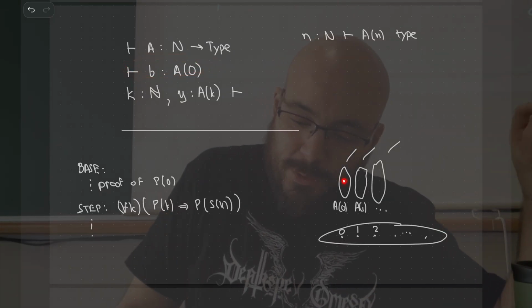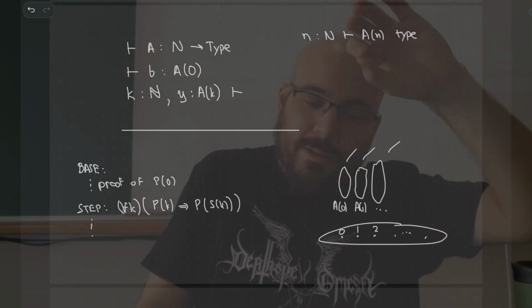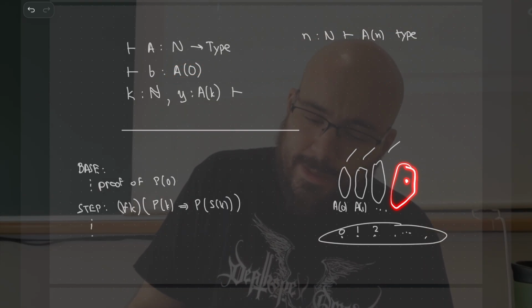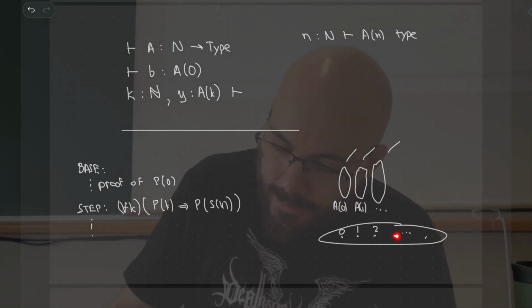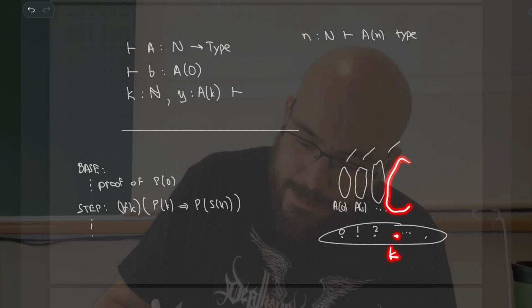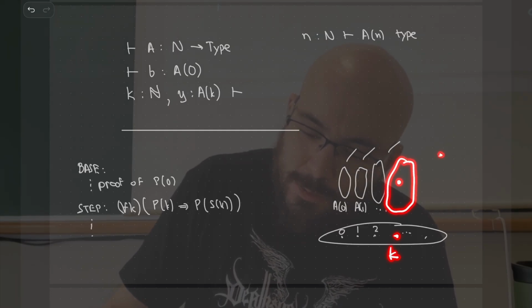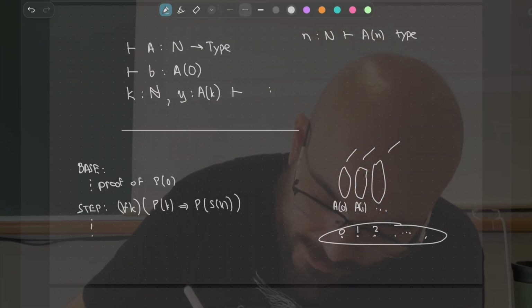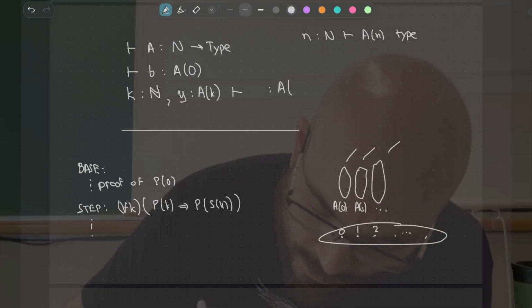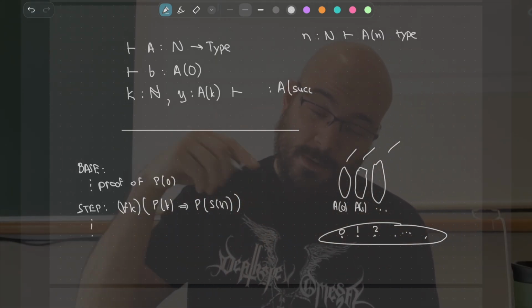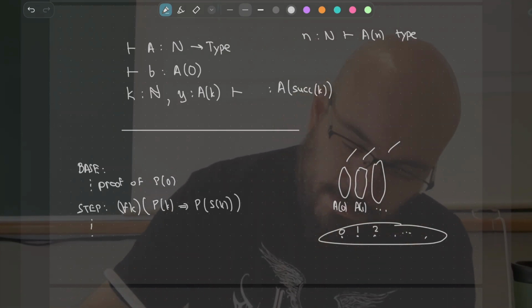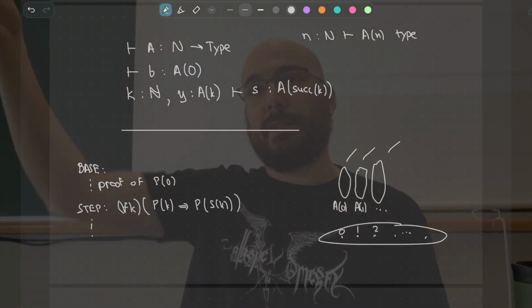Secondly, I need to singularly pick out a proof or an inhabitant of this type, and then given any k and any inhabitant over here, I need to be able to give an inhabitant of the next type, an inhabitant of A of successor of K. And let's call it S to remind us that this is the inductive step.